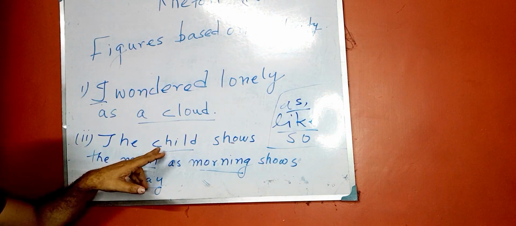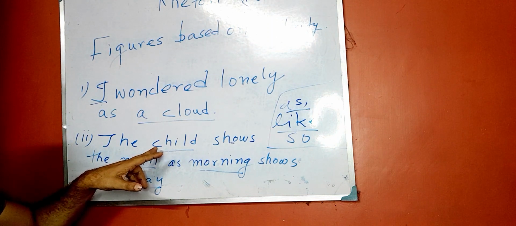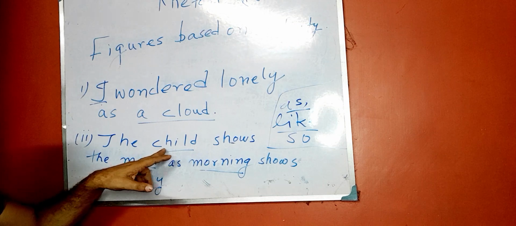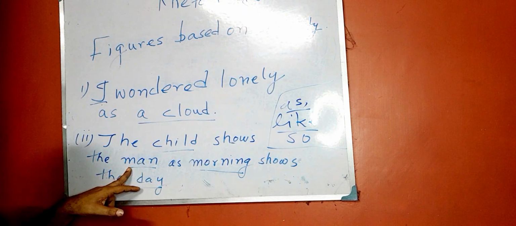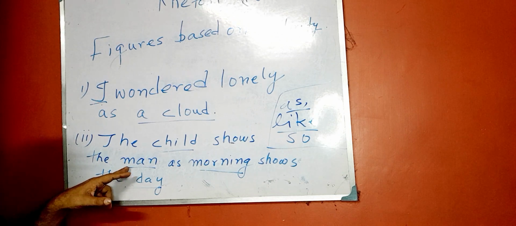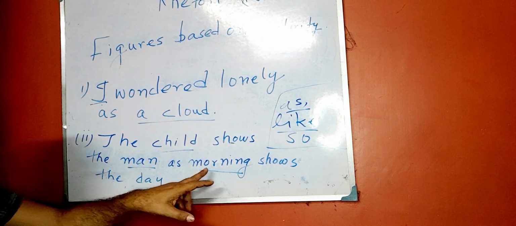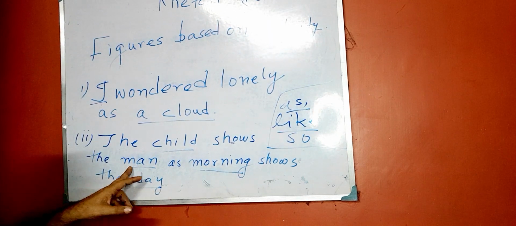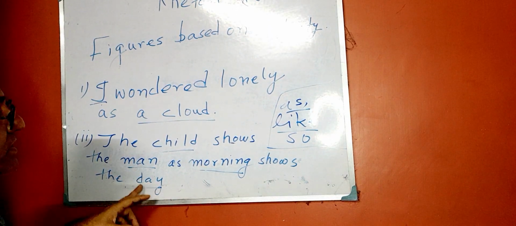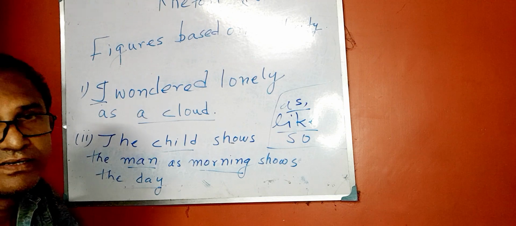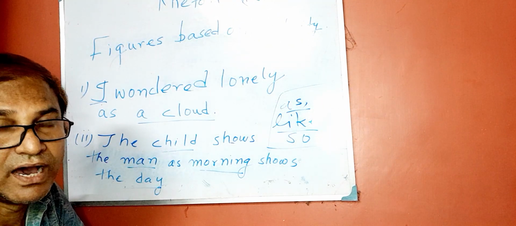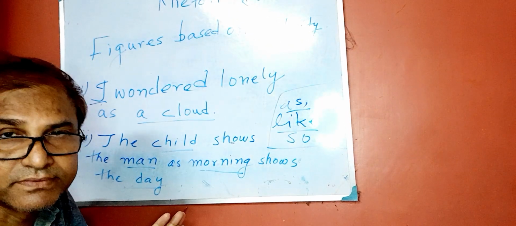Here, child is compared to morning and the man is compared to day, they are unallied objects.